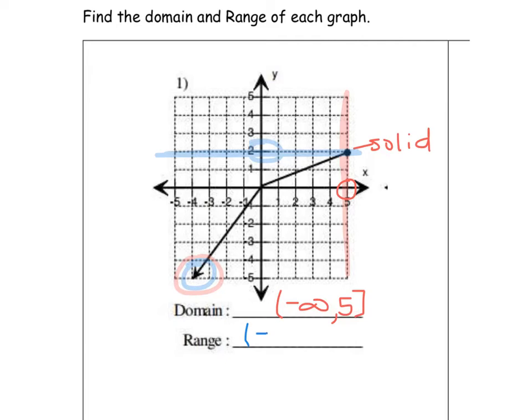So we have negative infinity, and then again our y-axis is stopping at 2. It's a solid circle, so that means that the 2 is included. So our domain goes from negative infinity all the way to 5. And our range goes from negative infinity all the way to 2. And it'll be a little clearer on the next example.